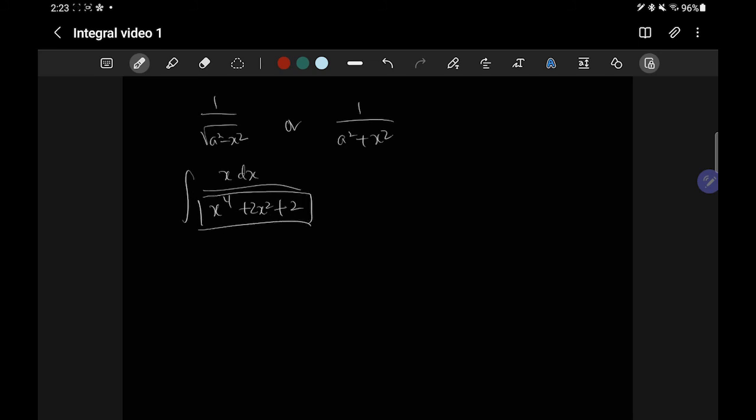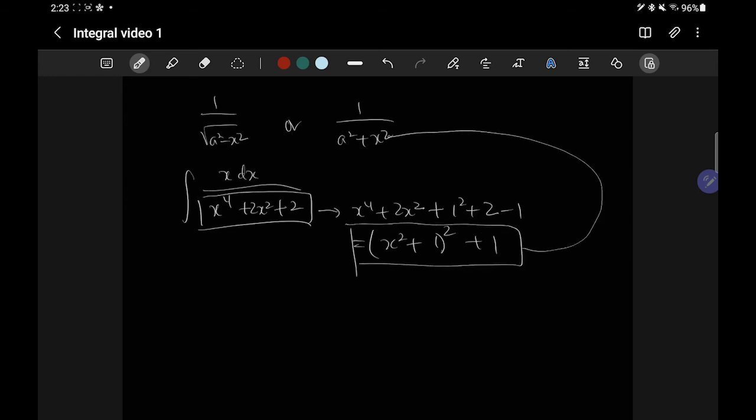The denominator could be modified as such: x to the 4 plus 2x squared plus 1, plus 2 minus 1. So that the denominator equals x squared plus 1, squared, plus 1. Why did we do this? Well, because this denominator represents the denominator in this form.